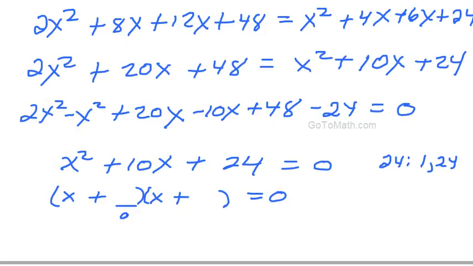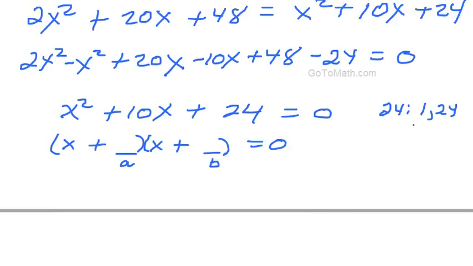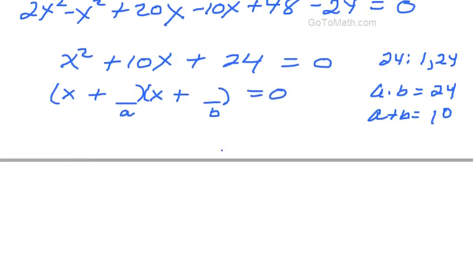And remember, we were calling this A number and this B here. Okay? So we know that A times B has to be equal to 24, and that A plus B is going to be equal to 10. So let's break 24 down some more, and we'll just do it down here. How's that?